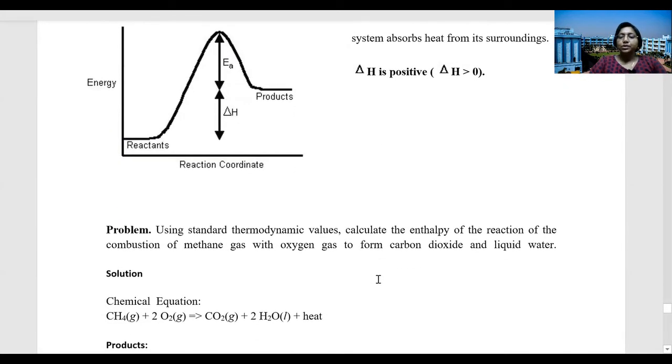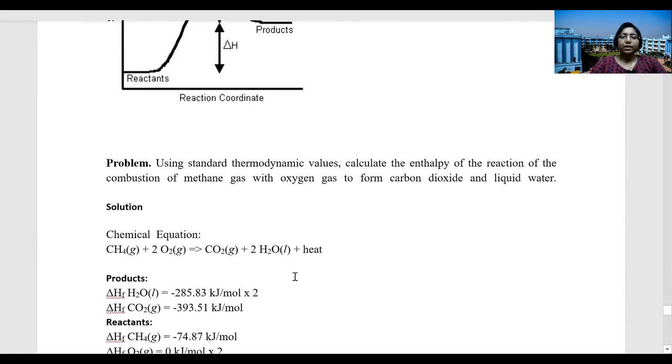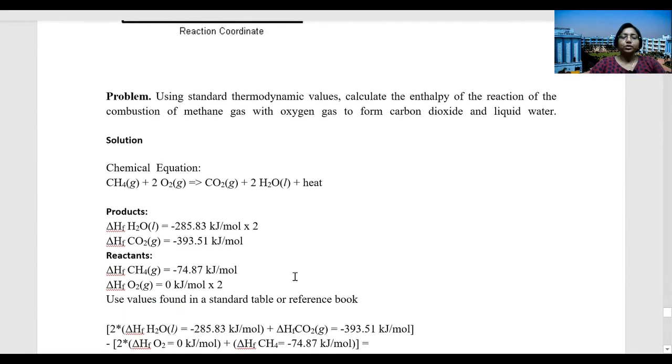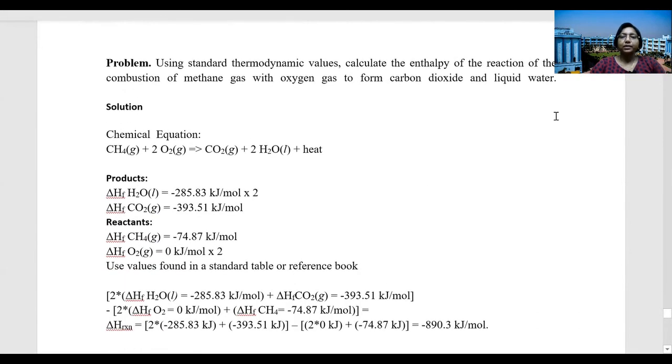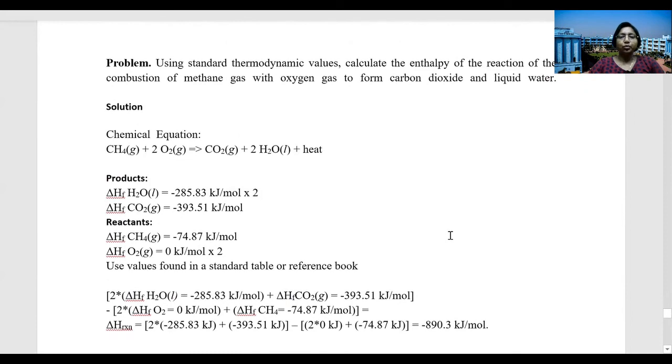Okay, now you solve a problem, then you will be more clear how to get the energy level of a reaction. So here a reaction is given: using standard thermodynamic values, calculate the enthalpy of the reaction of the combustion of methane gas with oxygen gas to form carbon dioxide and liquid water.